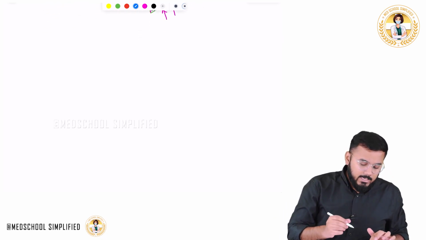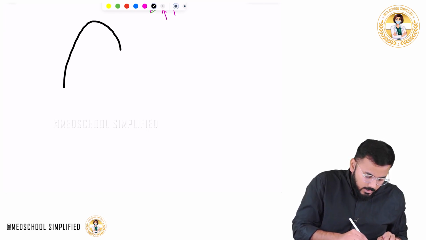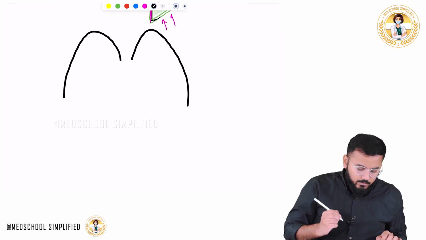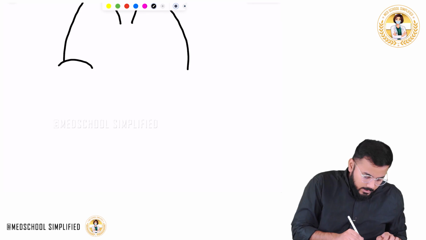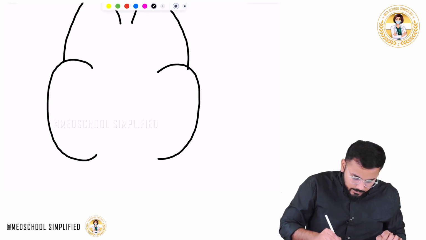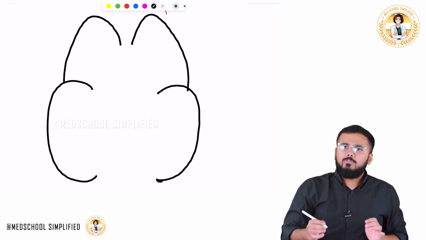To discuss that, I have to draw a structure that looks like the one located in the base. So these are your frontal lobes, for example, and these are your cerebral hemispheres. Now, in this picture, what can you figure out?